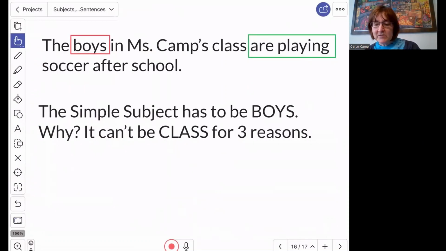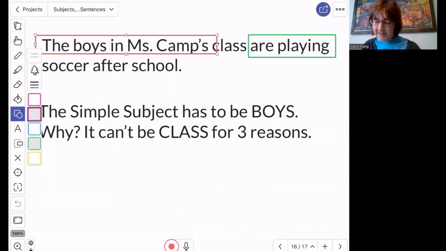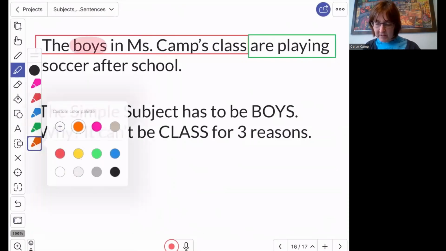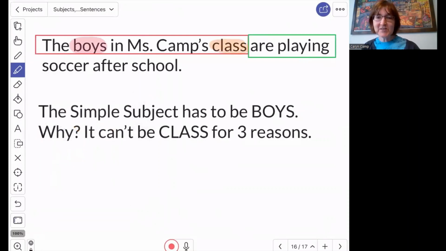There's 3 reasons why class, which is also in the complete subject, cannot be the simple subject. So if you remember just for a moment, our complete subject was this, right? And in there, we found boys and we found class. I'm using orange for a reason.